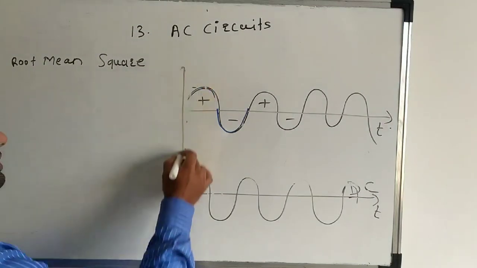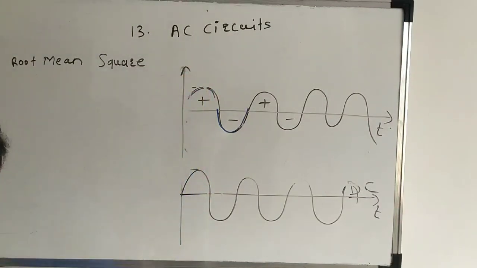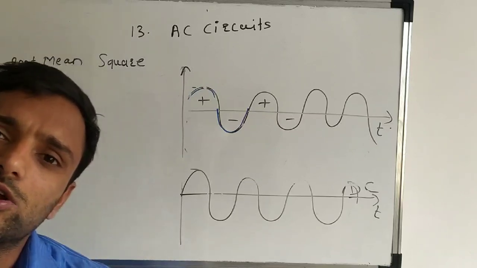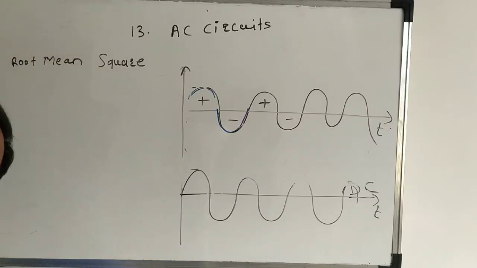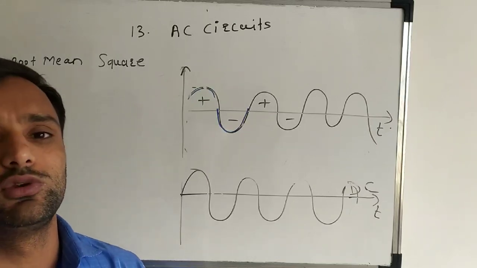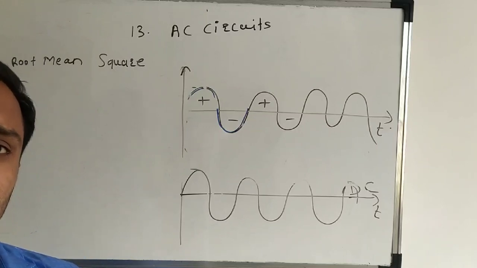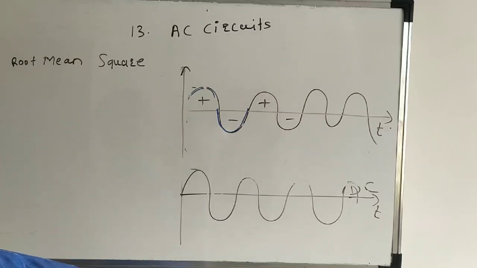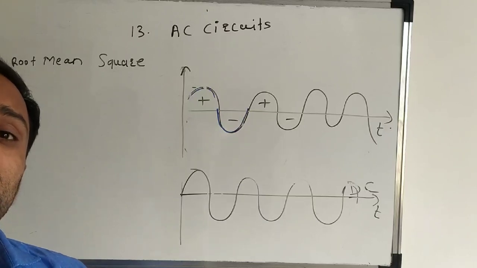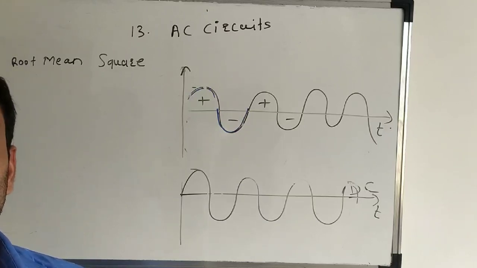Actually, to measure the current and voltage, we use ammeter and voltmeter in general, but the ammeter and voltmeter measure the average value of voltage and current, and they are only applicable for DC current and DC voltage. The voltmeter and ammeter are unable to measure the values of alternating current and alternating EMF.